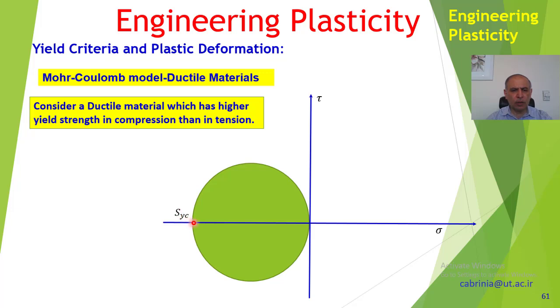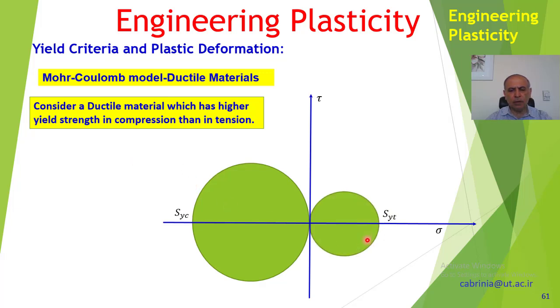Because I have tested the uniaxial compression, the maximum yield strength it could have is SYC, Y for yielding, C for compression. Okay, so this is for the compression test for this material.